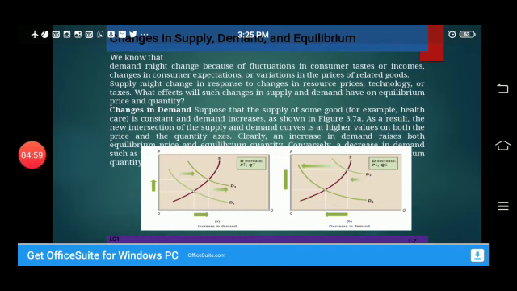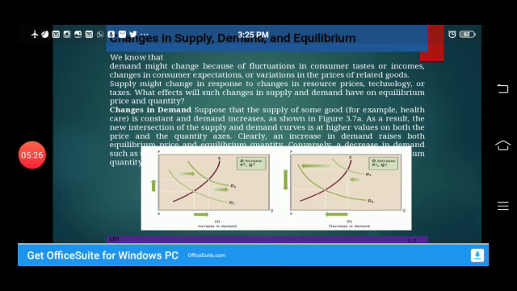We can clearly see from our diagram A that when the demand is increasing, the demand curve moves from D1 to D2. It is moving rightward. Now the equilibrium point, equilibrium price, and equilibrium quantity have changed. The supply curve now intersects D2 at a new point where the price has increased and the quantity has also increased.